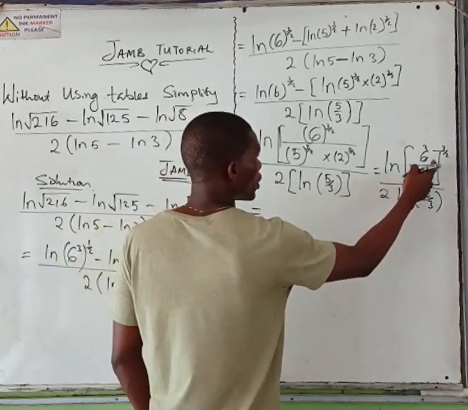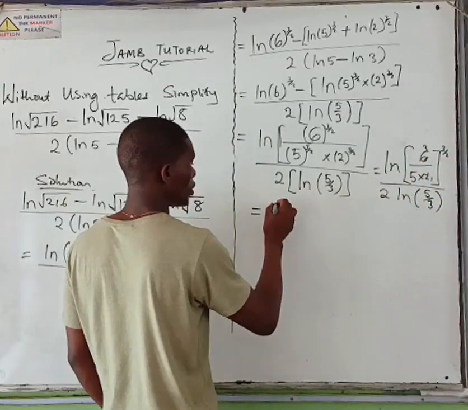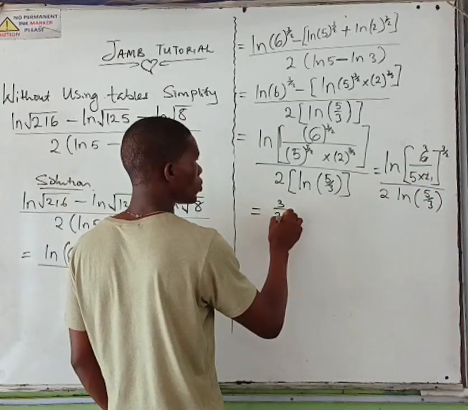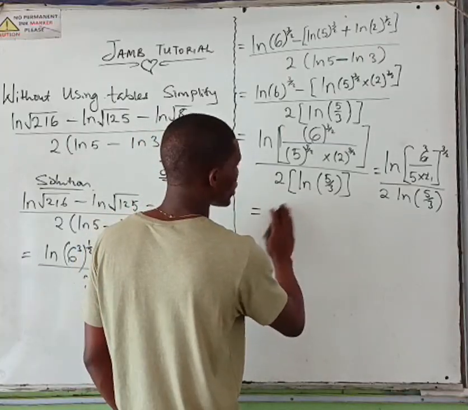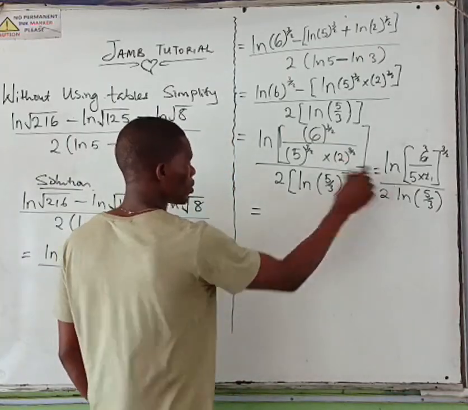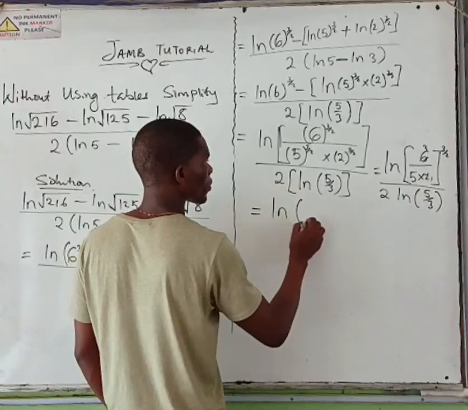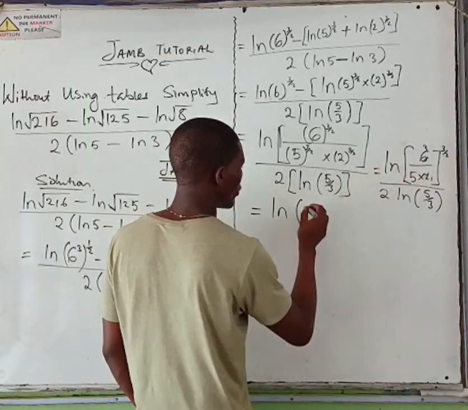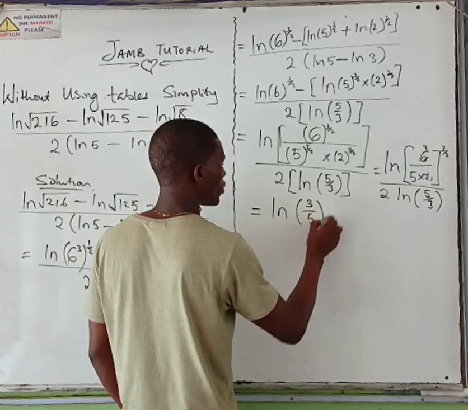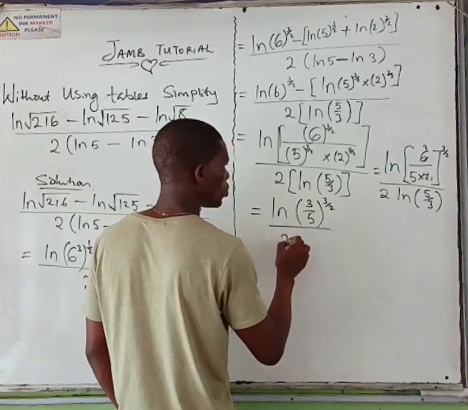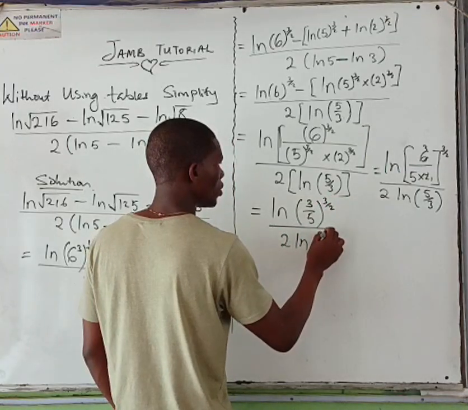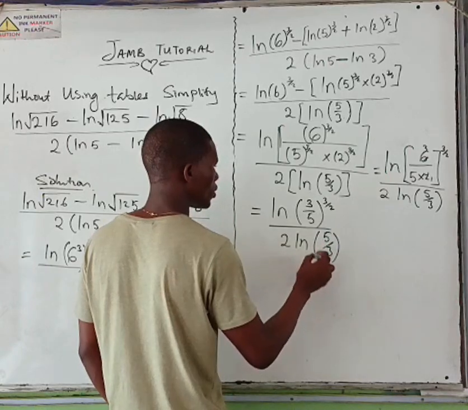Let's not write that yet, let's leave it. So let's just write ln of 3 over 5 to the power of 3 over 2, then all over 2 ln 5 over 3.